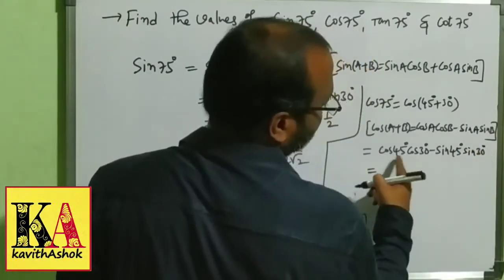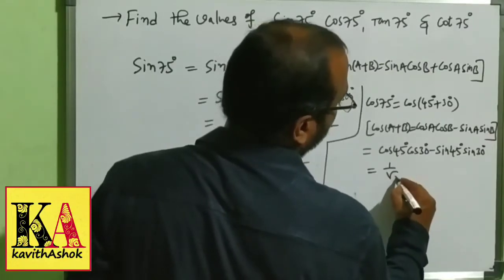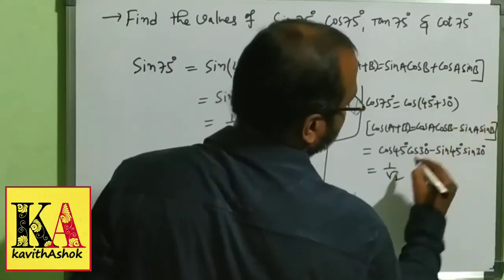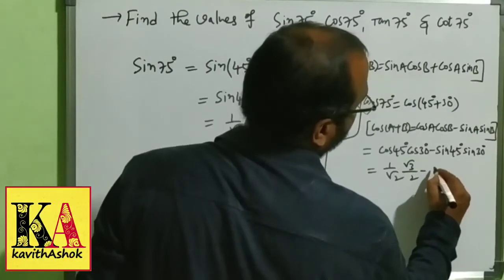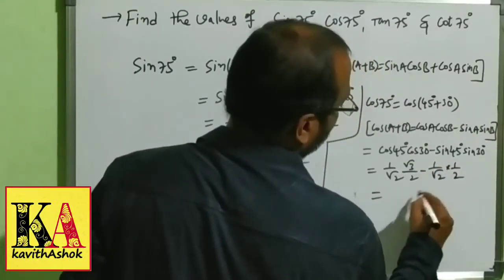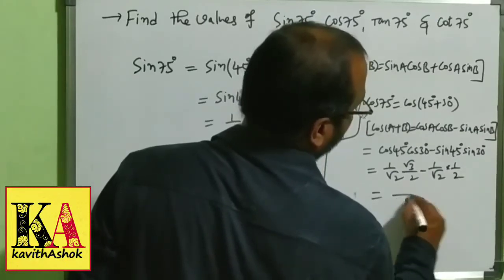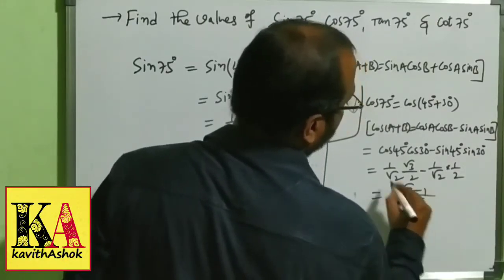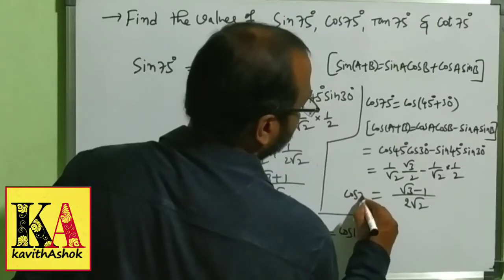Right? Cos 45 is 1 by root 2. Cos 30 is sin 60, root 3 by 2. Sin 45 is 1 by root 2 and sin 30 is 1 by 2. Again 2 root 2 is the LCM. The answer will be root 3 minus 1 by 2 root 2. This is cos 75 degrees.